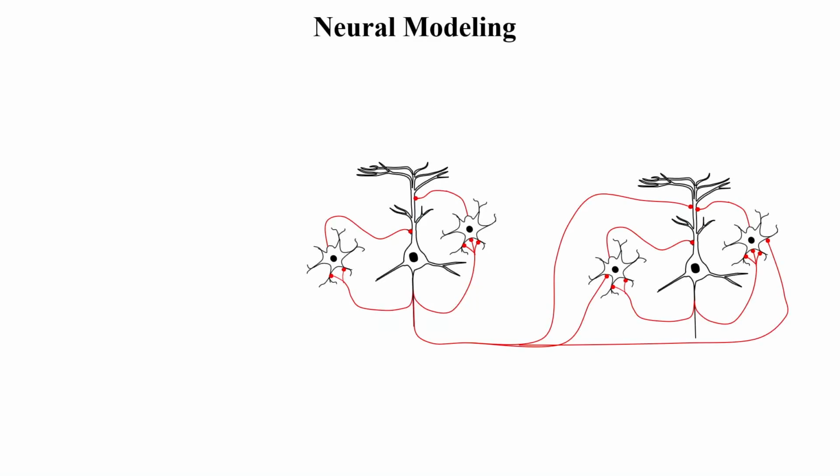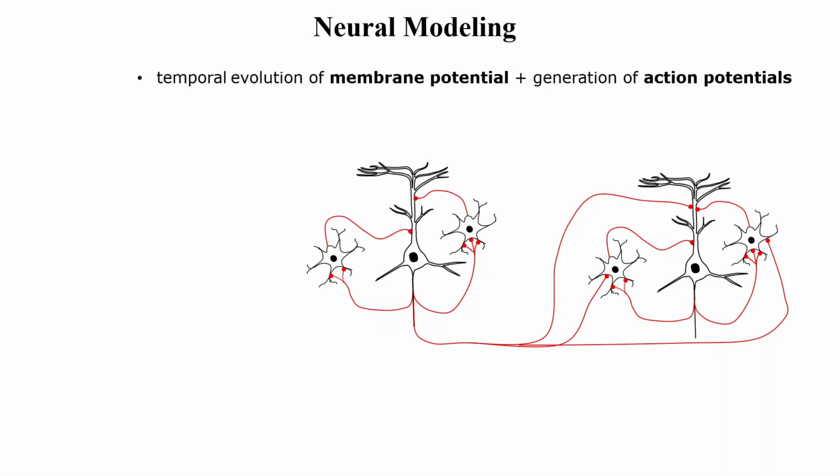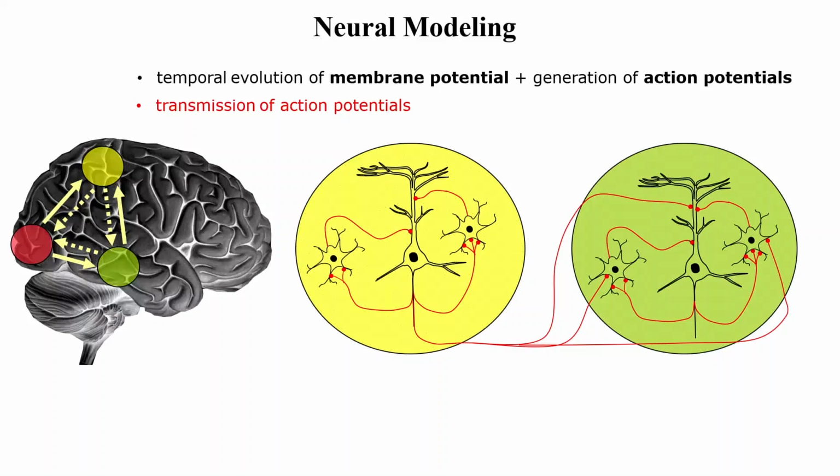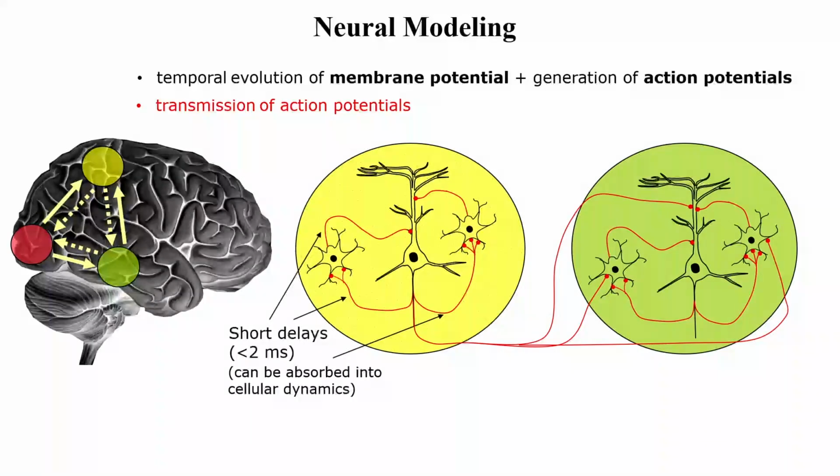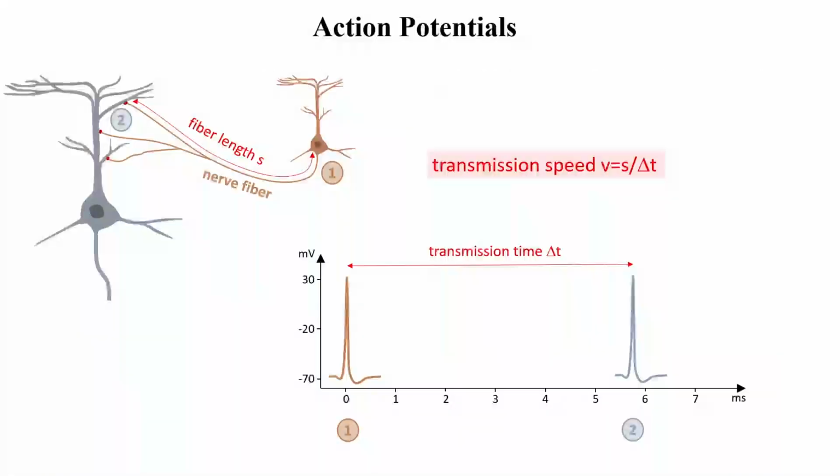So neuronal modeling is concerned with mimicking the function of neurons, of course, which means the temporal evolution of membrane potentials and action potential rates and so on, and of course the transmission of action potentials within certain brain areas where we have short delays which we can often absorb into the dynamics of the cells, but also longer delays which we can't ignore anymore, and of course everything in between.